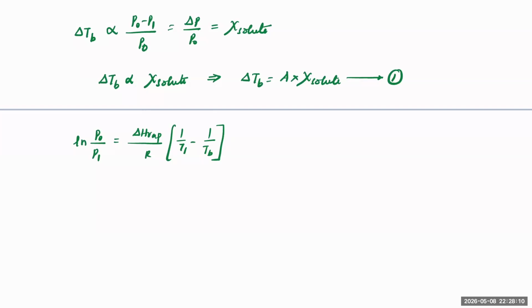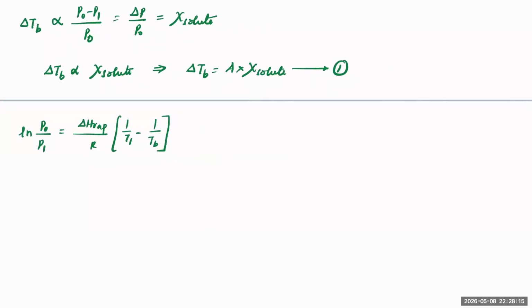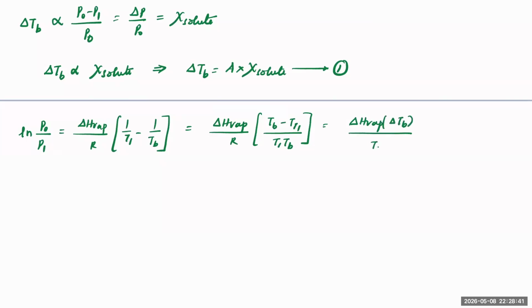T1 minus T2. Now, if I write this down, I get delta H of vaporization by R into TB minus T1 by T1 into TB. If I take the LCM on both sides, this is what I'll get. So it is equal to delta H of vaporization into delta TB by T1 into TB.